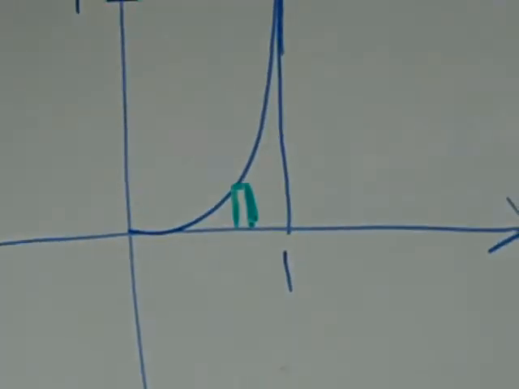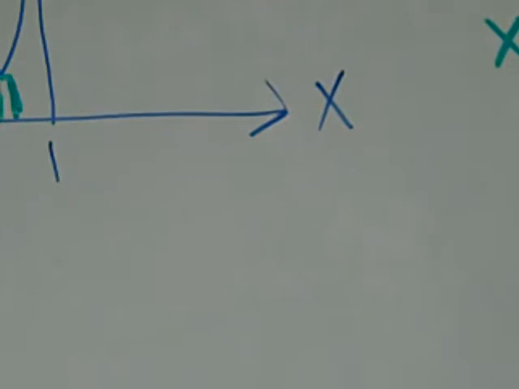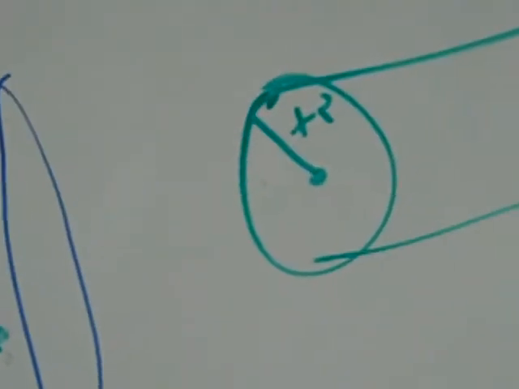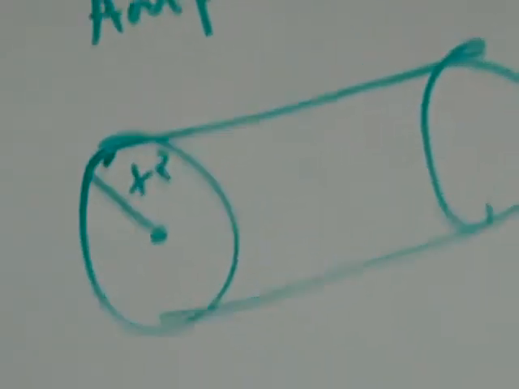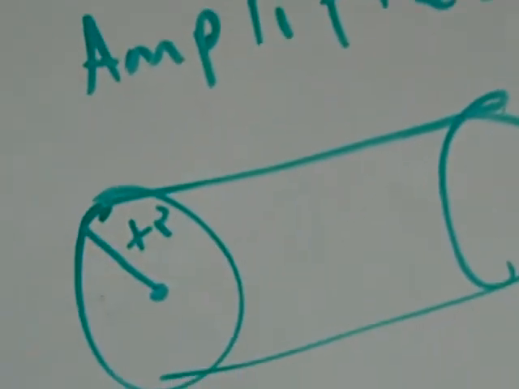But notice the height of this green rectangle is, by definition, y equals x squared. So y equals x squared is the height of this rectangle, hence the radius of this circle. So the radius for this cylinder, which I amplified here, is x squared.